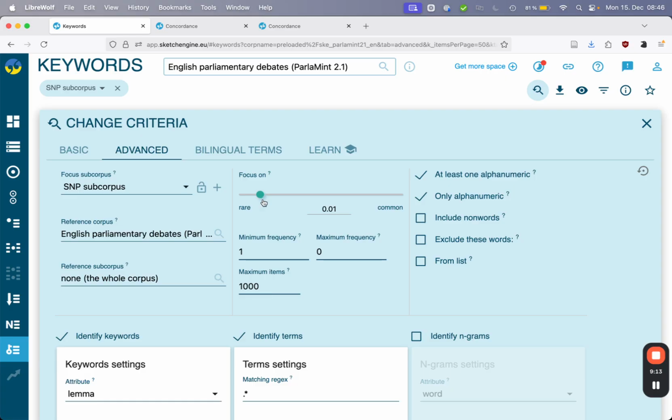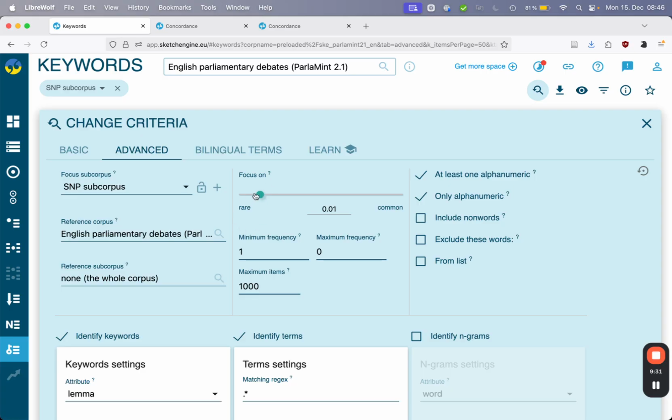So it depends what kind of topics we're interested in, what kind of keywords we're interested in, whether we want to have things that are really very highly specific or perhaps less specific in terms of what will be most informative about the discourse that we have in our subcorpus.